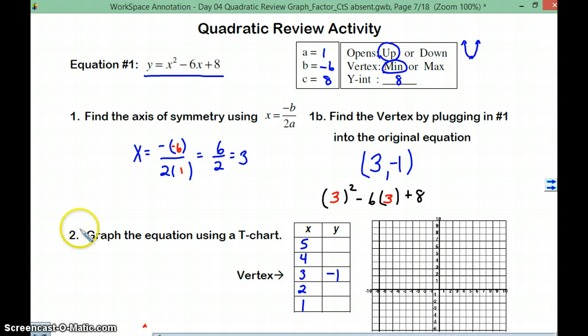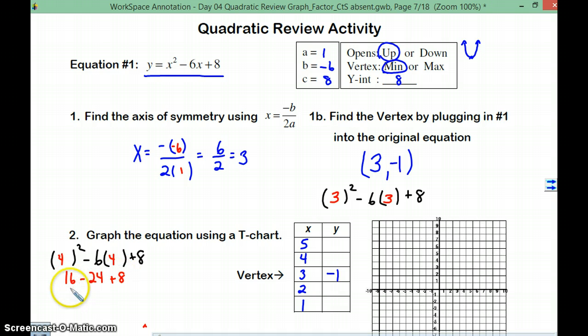One more time, I'm going to put my skeleton out there first. X squared minus 6 times x plus 8. Let's plug in 4. I end up with 16 minus 24 plus 8.